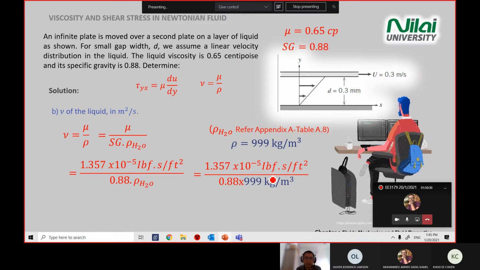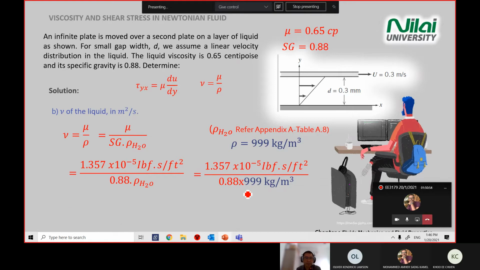The next one is we want to convert the imperial unit into the SI unit that we see here. All these are constant values, so you can multiply using your calculator first, then later you do conversion on the unit also, but you can leave it like this also.